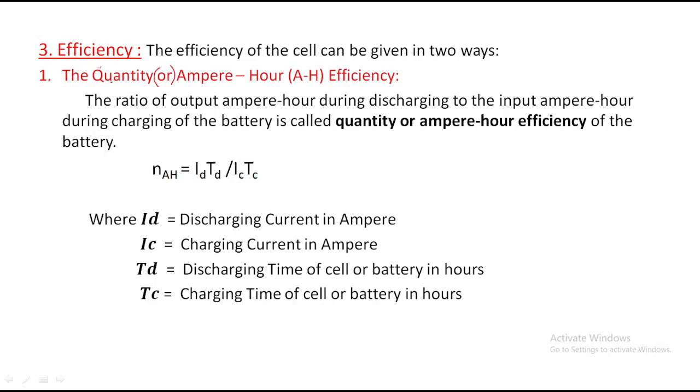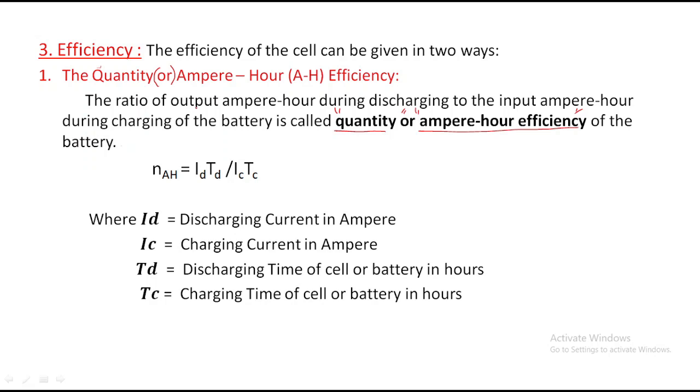In that, the ratio of output ampere hour during the discharging to the input ampere hour during the charging of the battery is called the quantity or ampere hour efficiency.